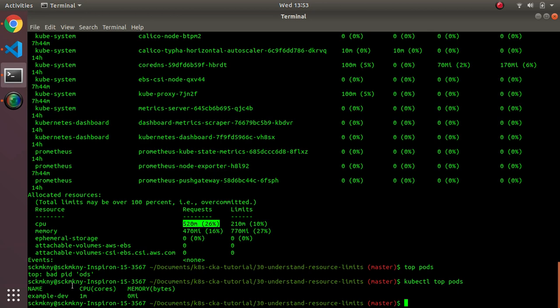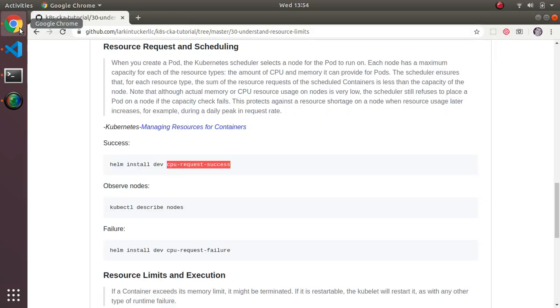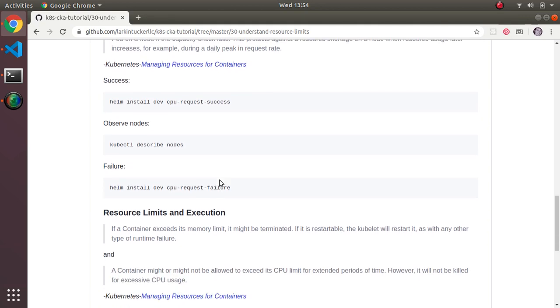Okay, I hope that made sense. The point of the summary is that just because you request it doesn't mean that you're using it. And just because you're not using it, the system still holds on to that requested amount.